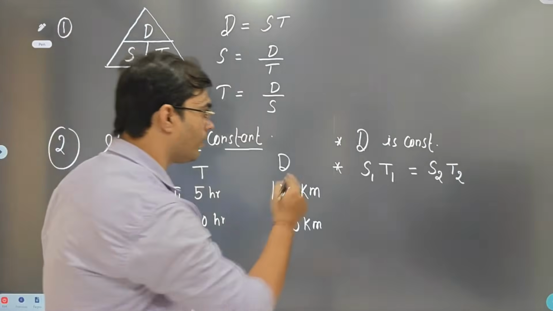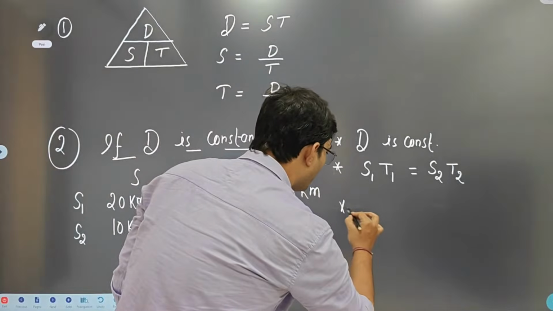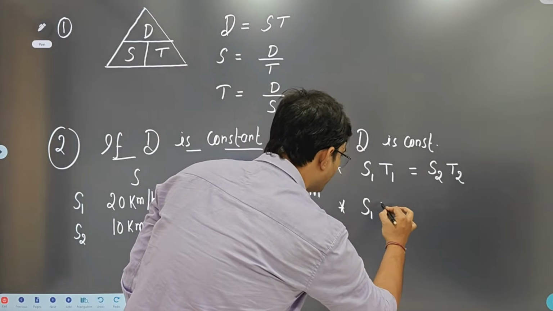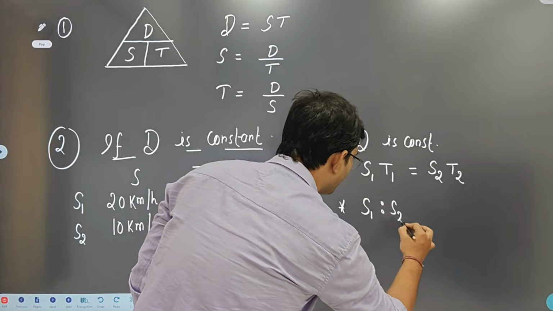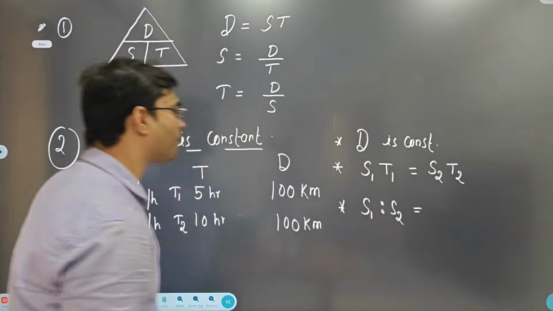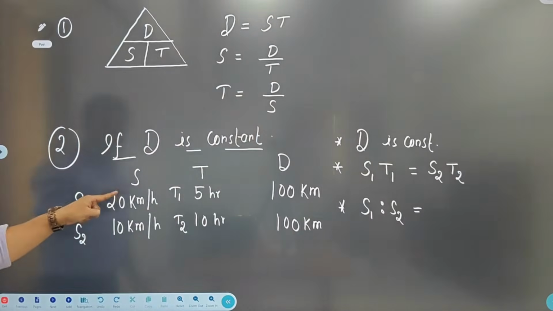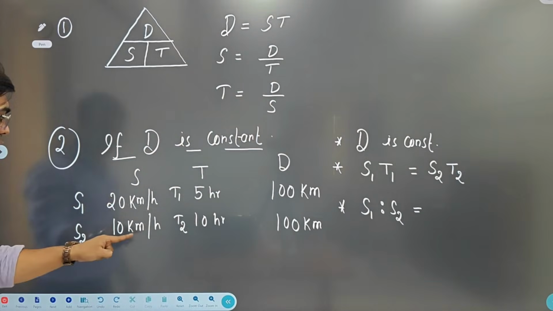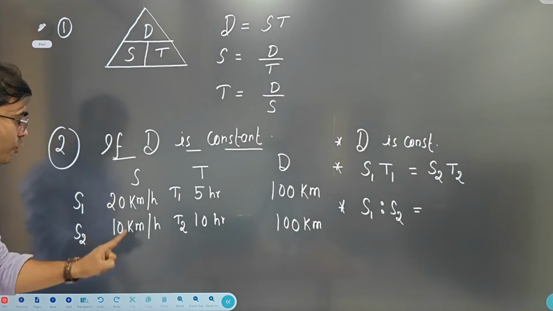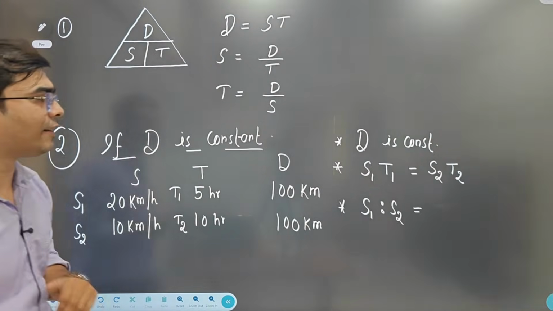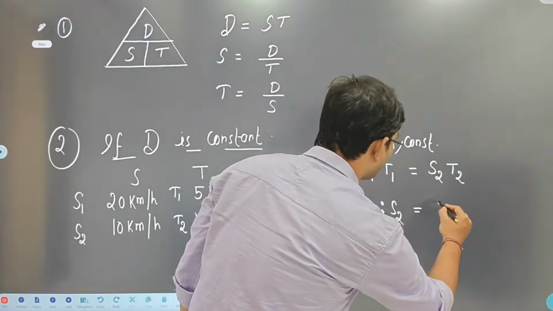One more thing. Now in this case, what is the ratio of S1 to S2? How will you find out? S1 is 20 km per hour, S2 is 10 km per hour. The ratio we can say is 20 by 10, which is 2:1.